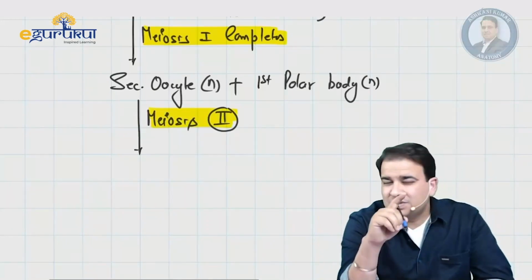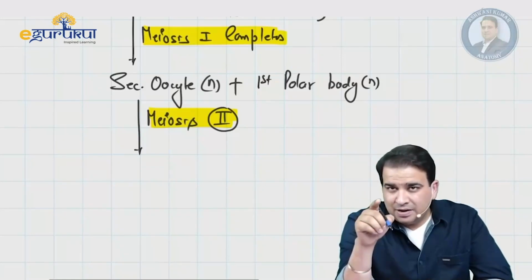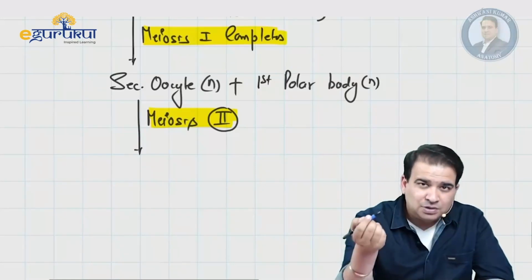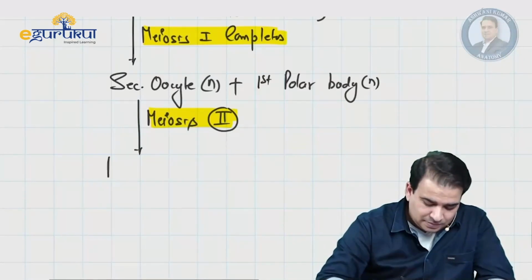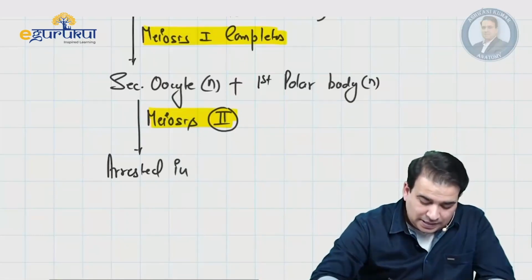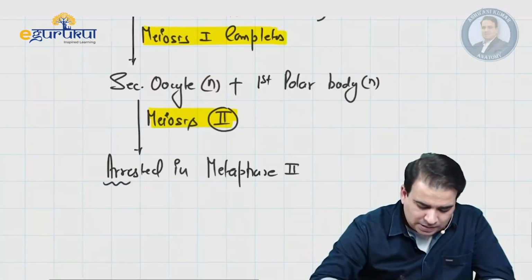Primary oocyte was arrested in what? Meiosis 1, in diplotene of meiosis 1. The secondary oocyte, which is starting meiosis 2, has meiosis 2 beginning in it, but that is again arrested. This is arrested in metaphase 2, or you can say metaphase of meiosis 2, same thing. It is arrested in metaphase 2, that also is a question.